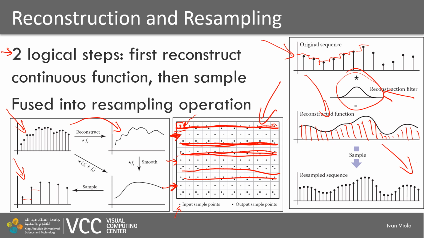And the maximal detail which can be captured is represented by these samples. It looks like this. So we need to smooth this continuous representation by some smoothing filter. After we smoothen this representation, then we can perform the sampling.